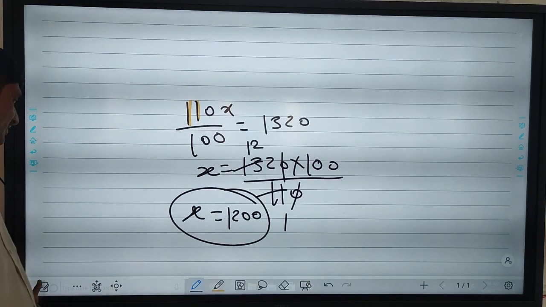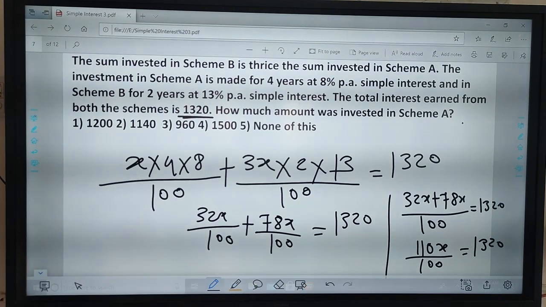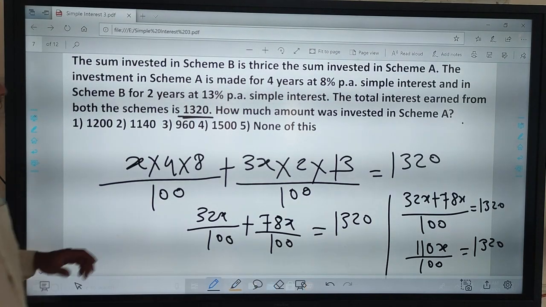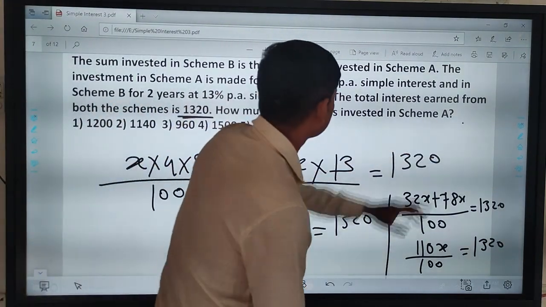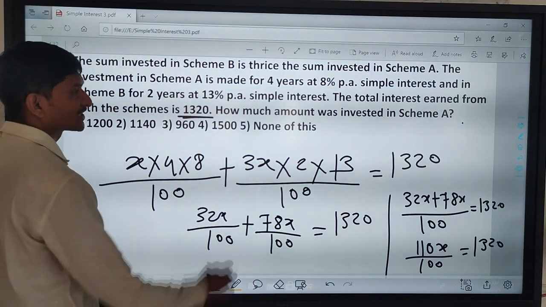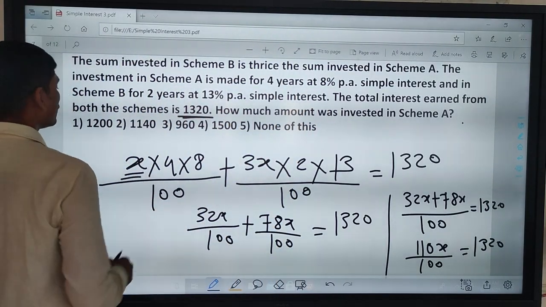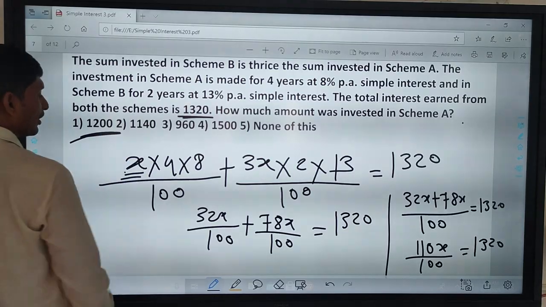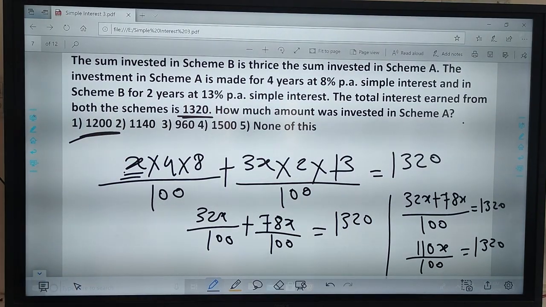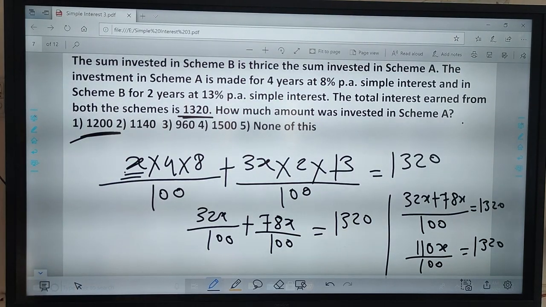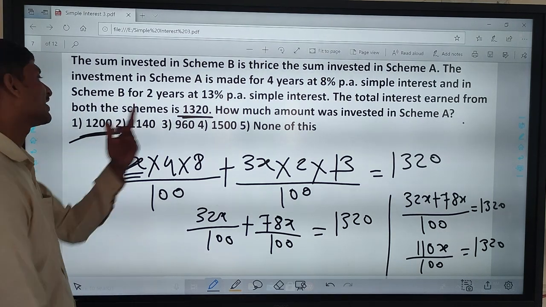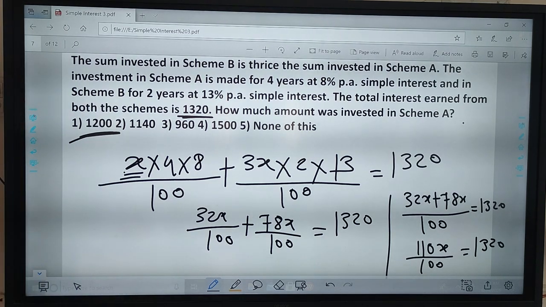Then how much amount is invested in scheme A? Scheme A is equal to x, that is, 1200. So the amount invested in scheme A is 1200.